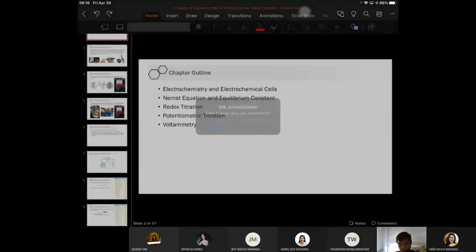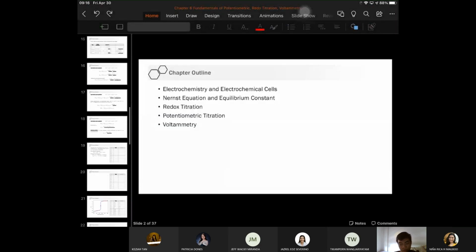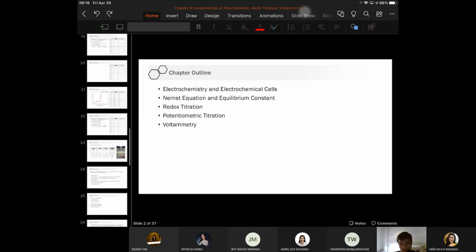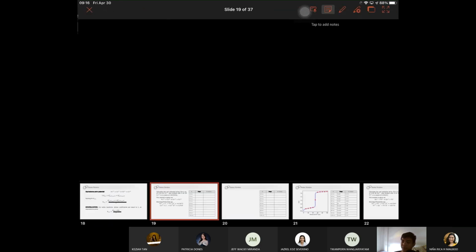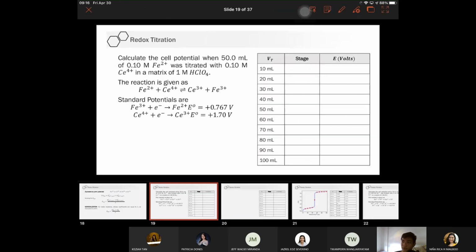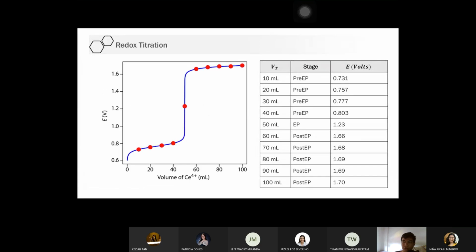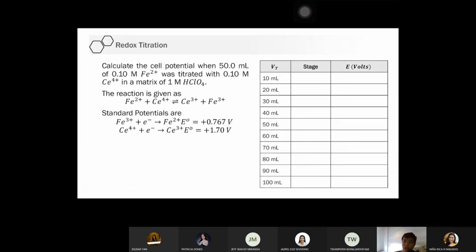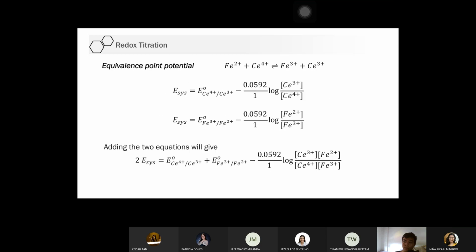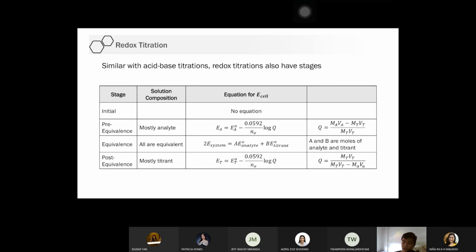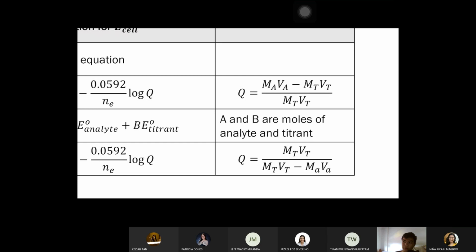But as you wait for that worksheet, I want you to try solving this one because I already gave the answers. All you have to do is plug in the equations. Plug in the molarity of analyte, molarity of titrant, volume of analyte.